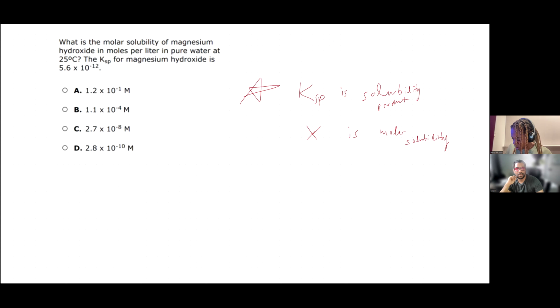My bad. That'll be x times 2x squared. It's the same, 4x cubed, equals 5.6 times 10 to the negative 12, divided by 4.